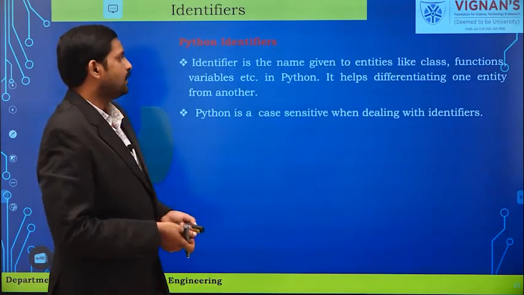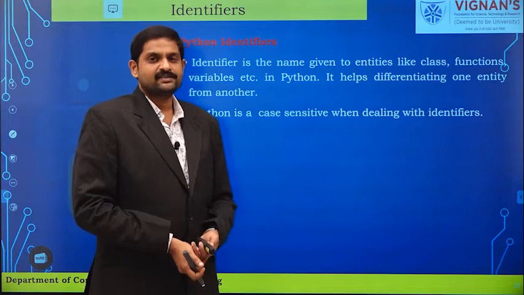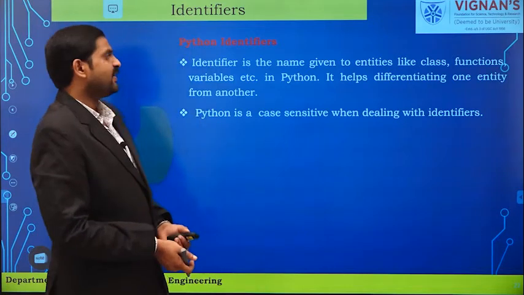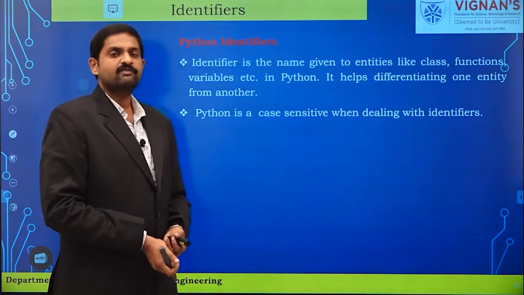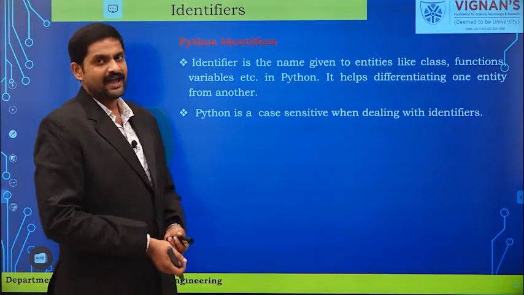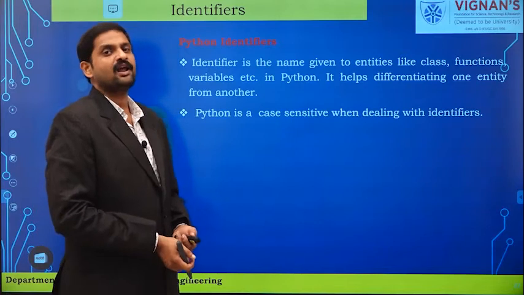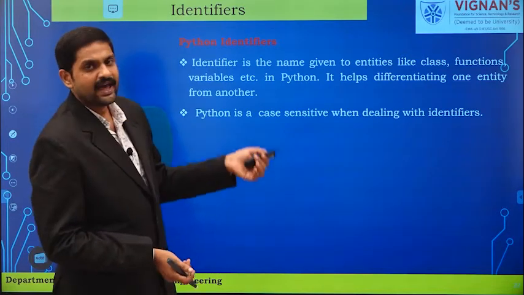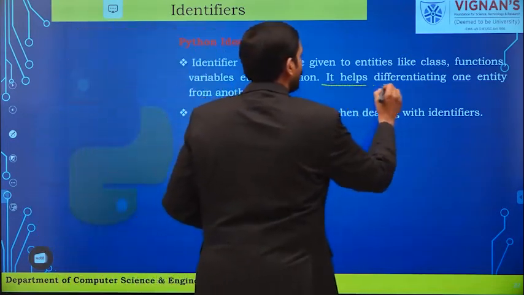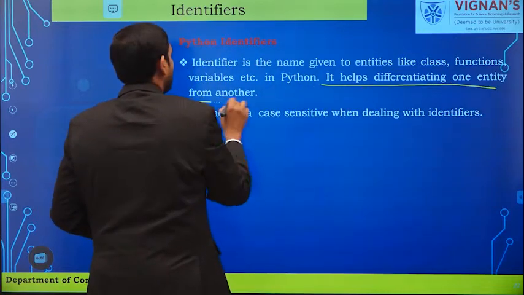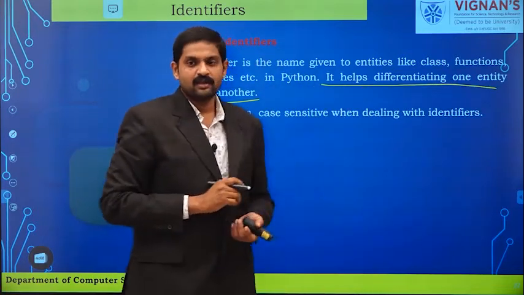Next, Python identifiers. An identifier is the name given to entities like class, function, variables, etc. in Python. It helps differentiate one entity from another.